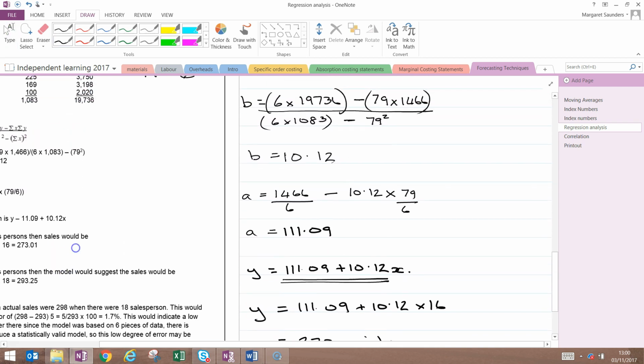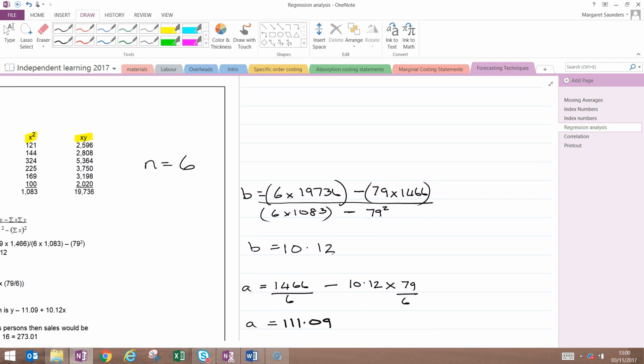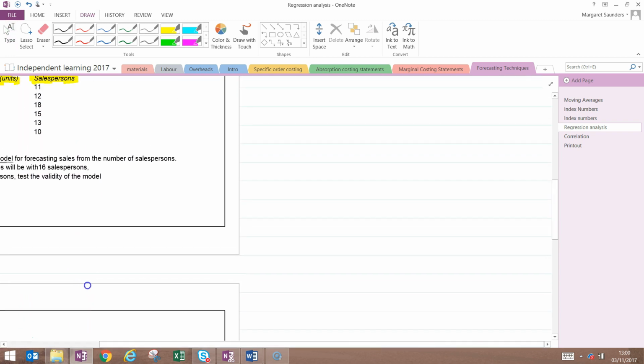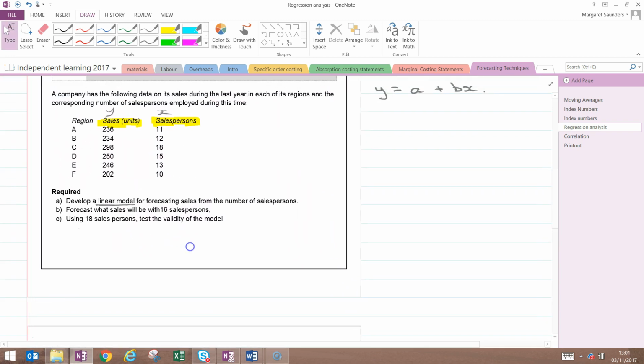Now if we look at the data that we were given, we actually had a figure for 18 salespersons, 298. So this tells us that the model is not completely accurate. With 18 salespersons, we've got 298 units of sale.